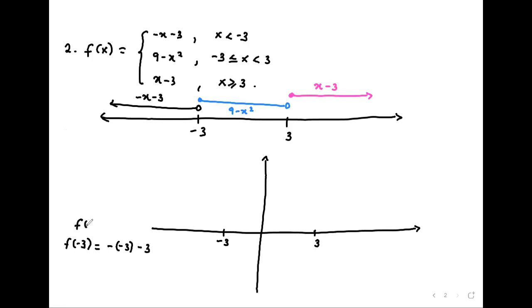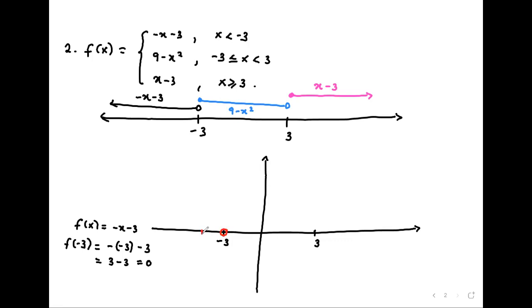The function we're using here is -x minus 3. So we get 3 minus 3, which is 0. So we have a point at 0 and we don't include it. We open there because -3 is not included.